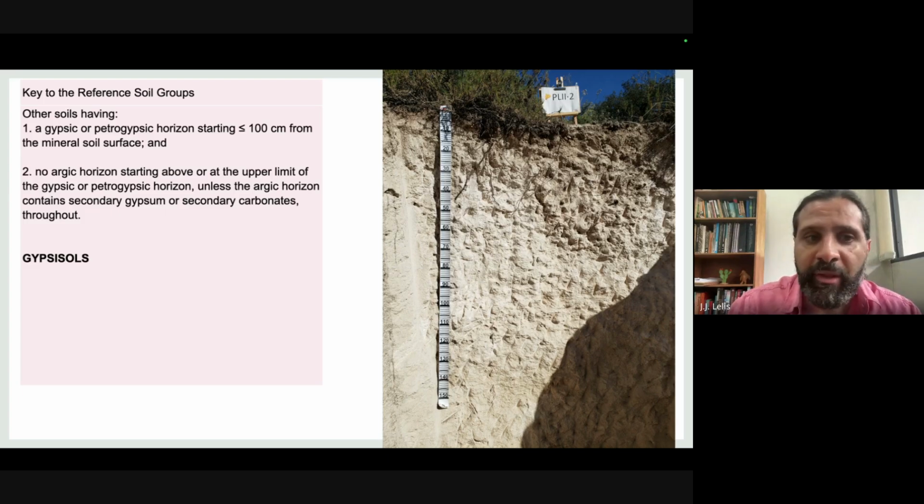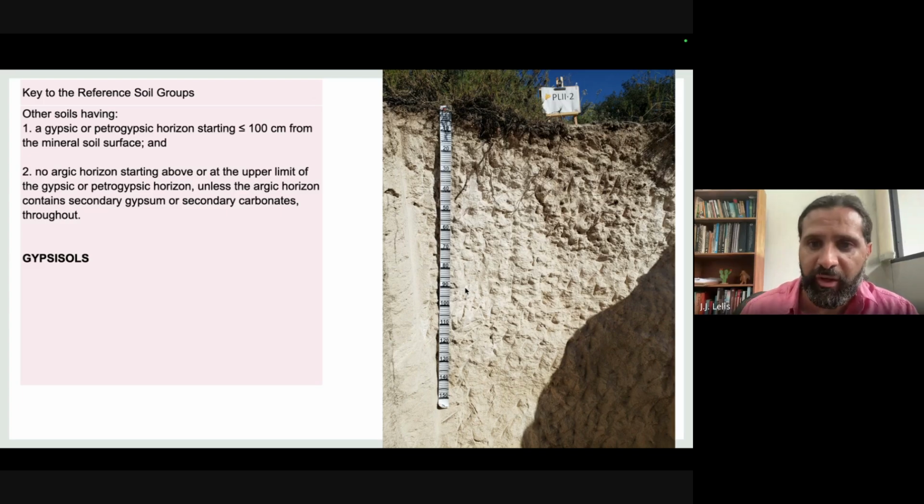So first of all, let's remember what the gypsic or petrogypsic horizons are. The gypsic horizon is a horizon that expresses gypsum precipitation. So we have some secondary gypsum precipitation with whitish colors too. Okay, so the gypsum, if you cannot remember, is calcium sulfate.